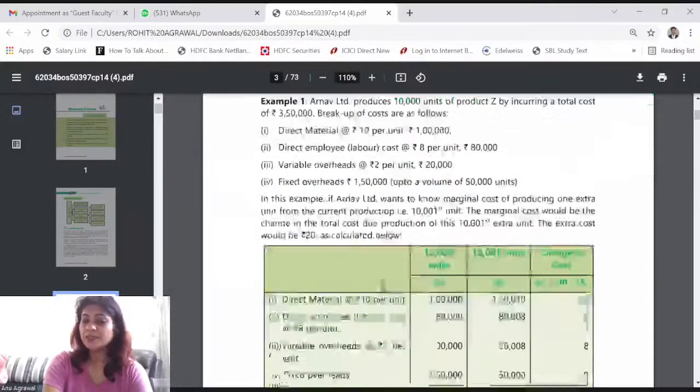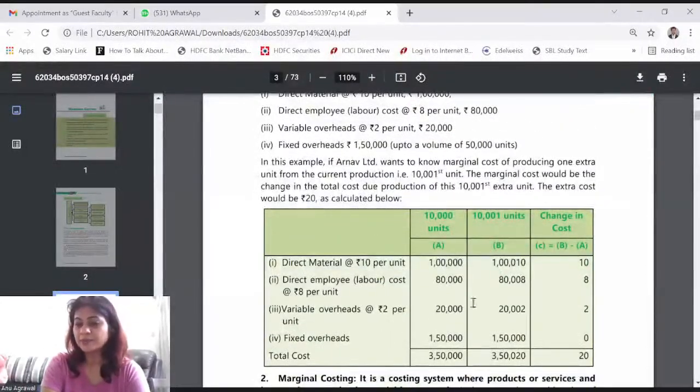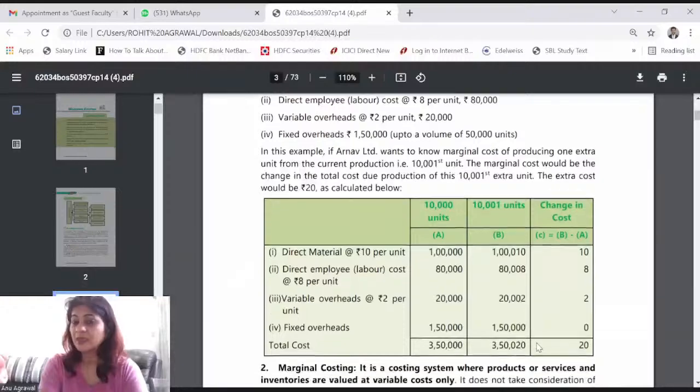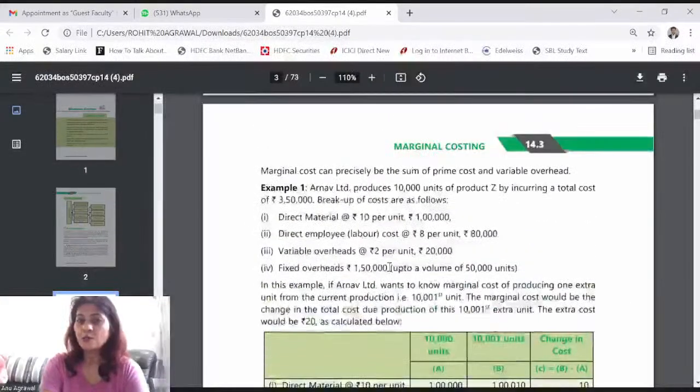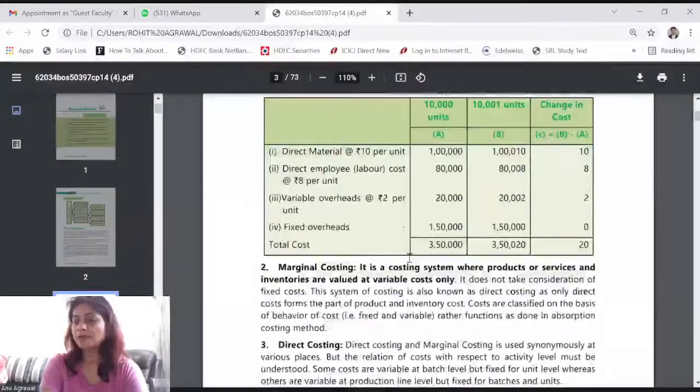Right? So this is what they have tried to show you in a table: whether you produce 10,000 or 10,001 units, fixed cost remains the same. So there is no effect. But if you produce from 10,000 to 10,001 units, these are the additional expenditures incurred. So technically speaking, all the variable cost per unit is the marginal cost of producing.